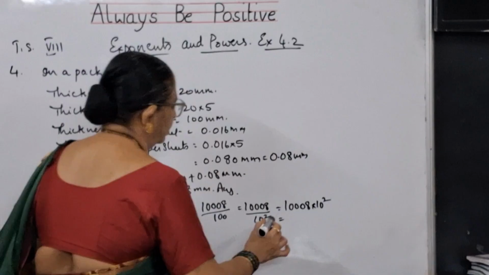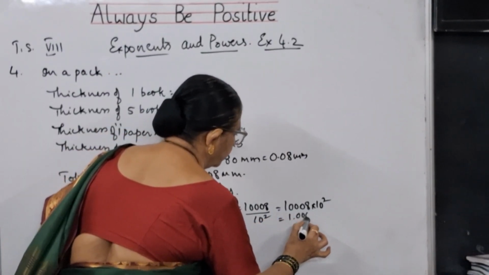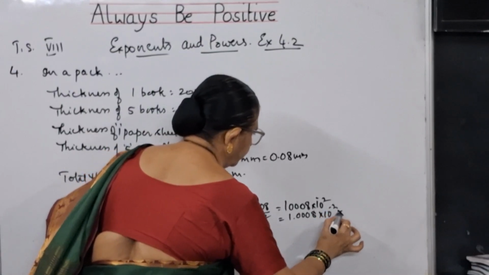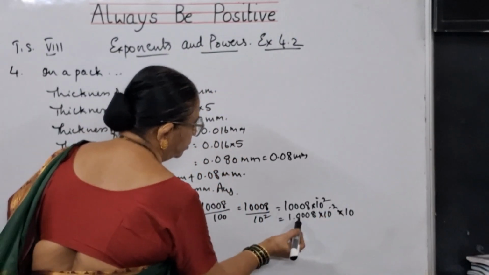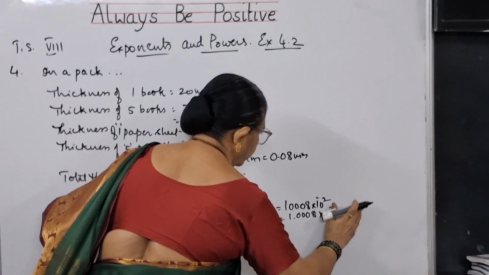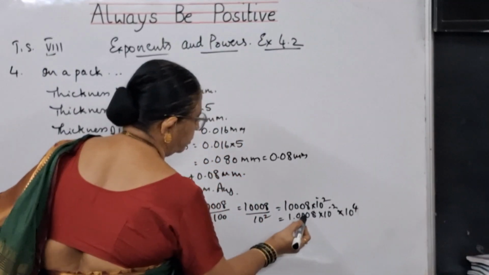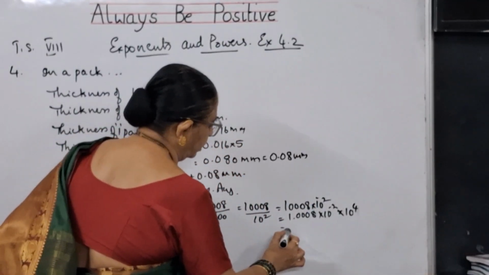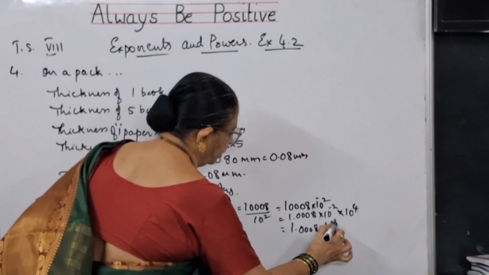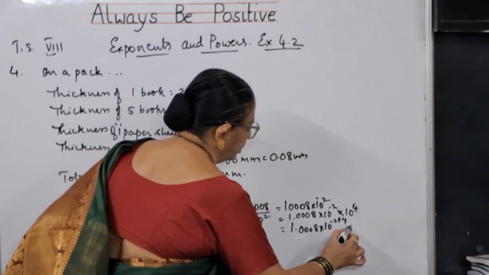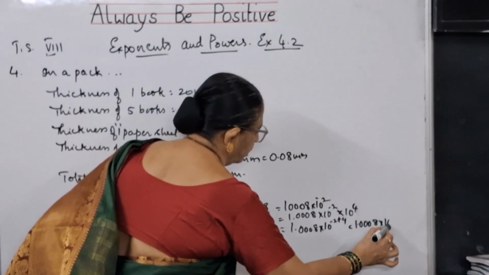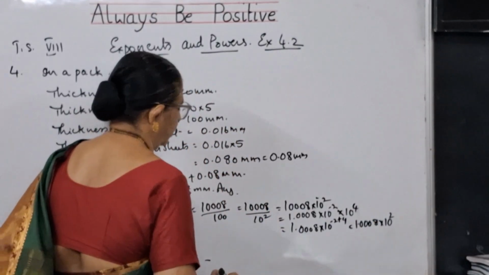This can also be written as 1.0008 into 10 to the power of minus 2 into 10 to the power of how many digits before you have kept? 10 to the power of 4, 4 digits because 1, 2, 3, 4. That means how much are you getting? 1.0008 into 10 to the power of minus 2 plus 4 can be written as 1.0008 into 10 to the power of 2 mm.